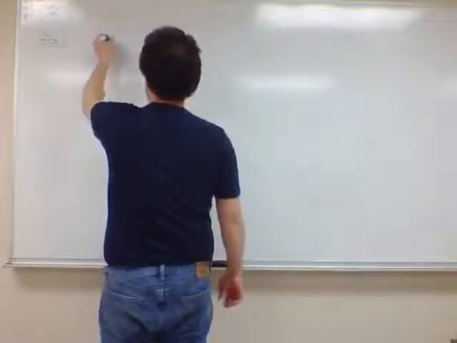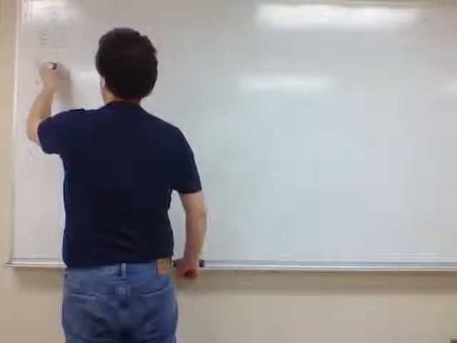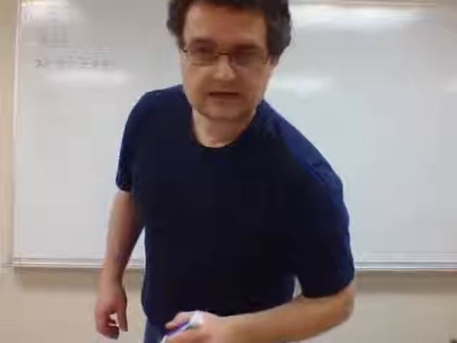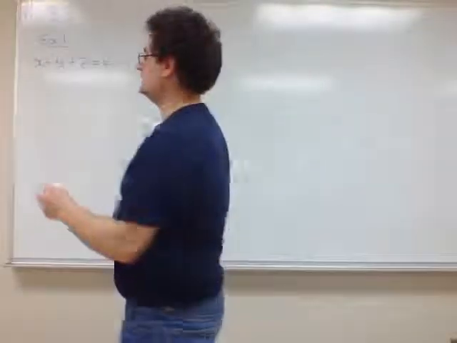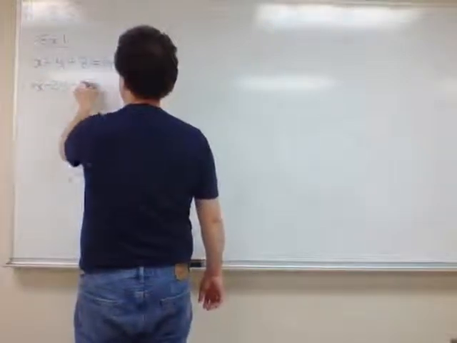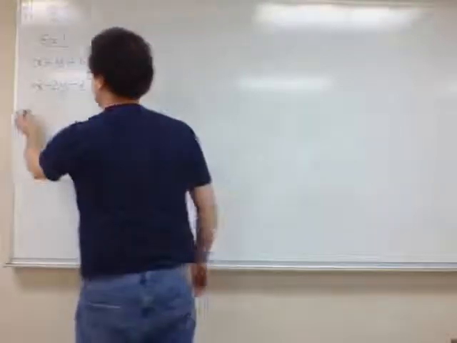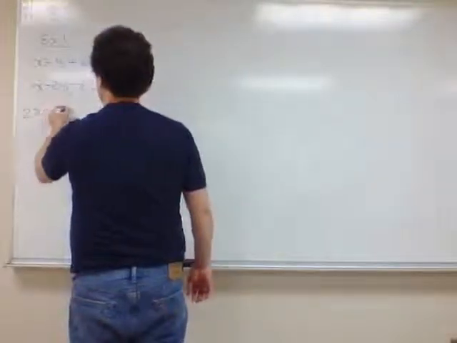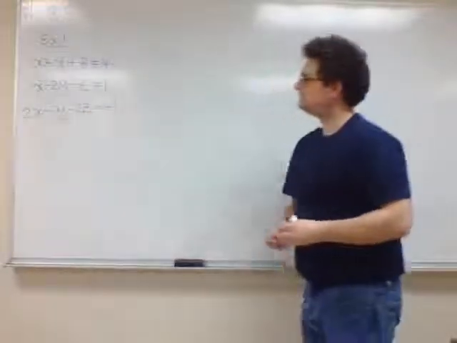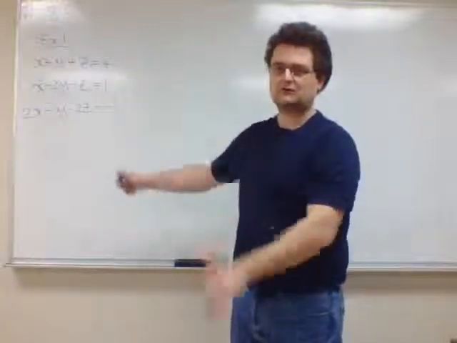That's the first equation. x minus 2y minus z is 1, and 2x minus y minus 2z is equal to -1. Now whenever you write a system like this, so we have 3 equations and 3 unknowns.